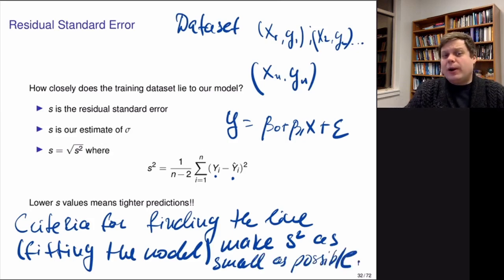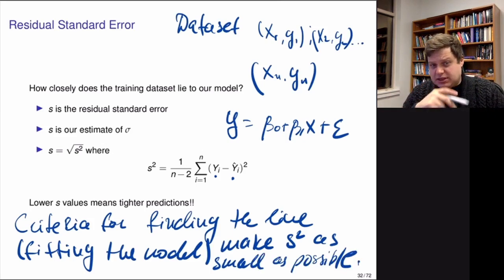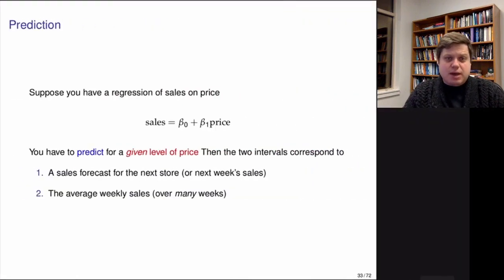So essentially that's how the lm function works. The lm function will try to find values of beta 0 and beta 1 so that this s squared value is as small as possible.